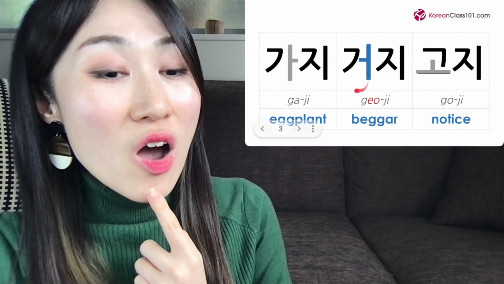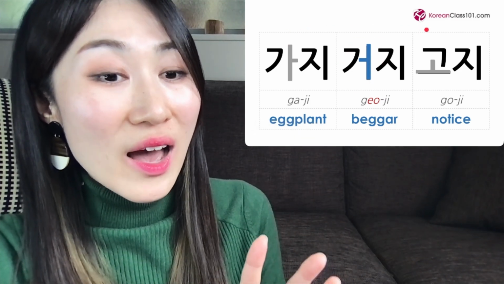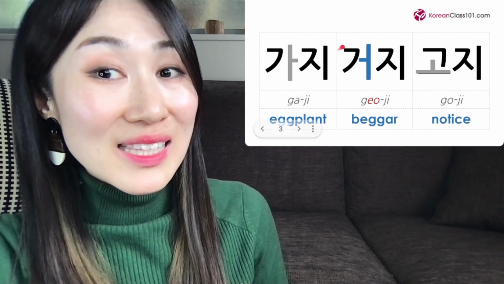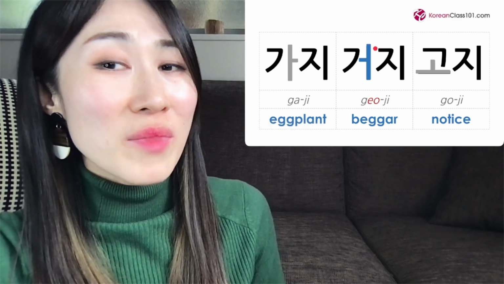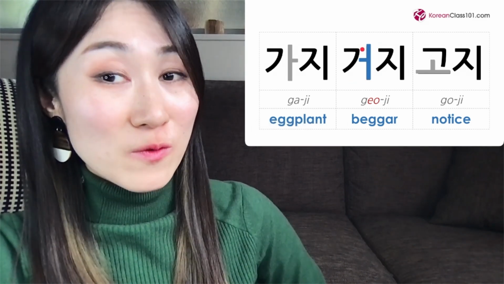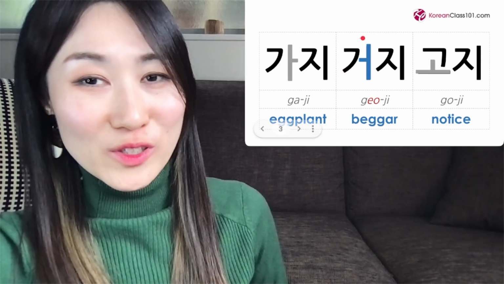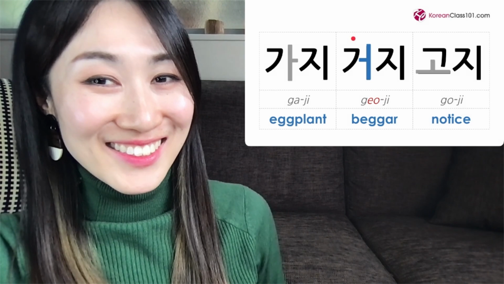This 거 sound is really between 가 and 고. Please practice this sound because I know in many languages this sound doesn't exist and you might find it difficult. But in Korean, we use this sound so often. So try to practice it.